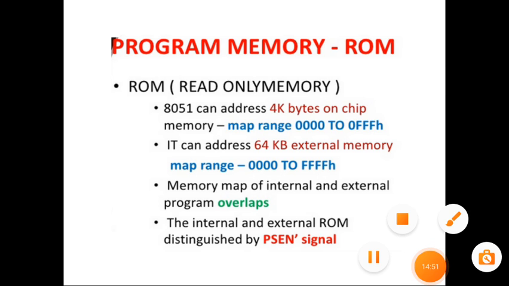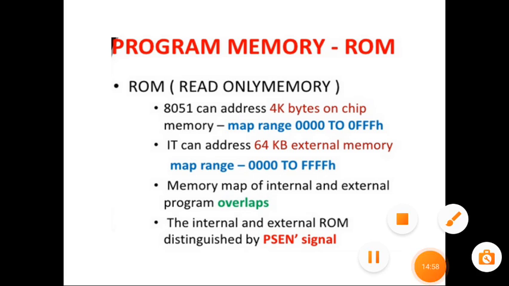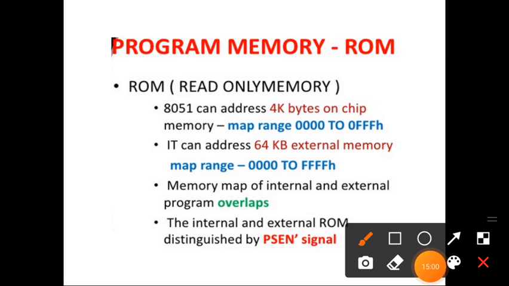There are two types of memories, on-chip memory and off-chip memory. The on-chip memory's size is 4 kilobytes and it starts from 0000 to 0FFFH, and it can address external memory up to 64 kilobytes, starting from 0000 to FFFFH.